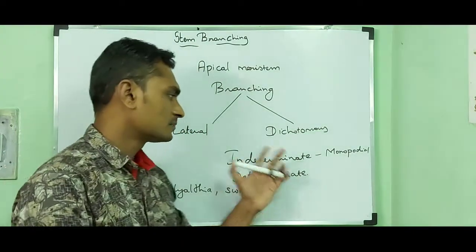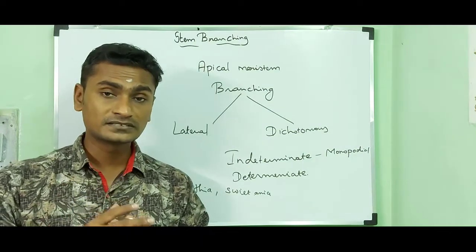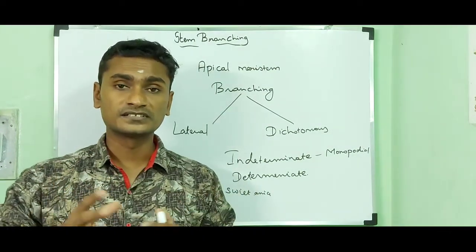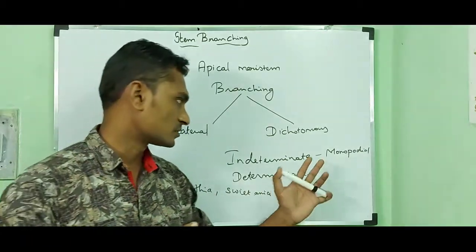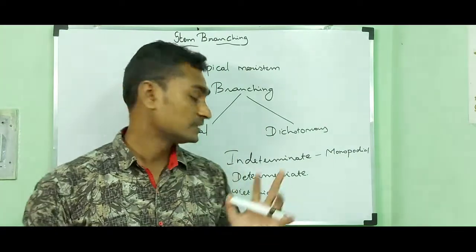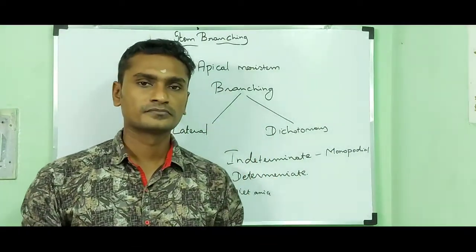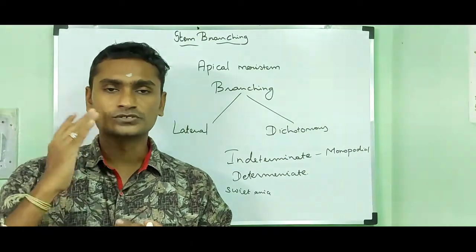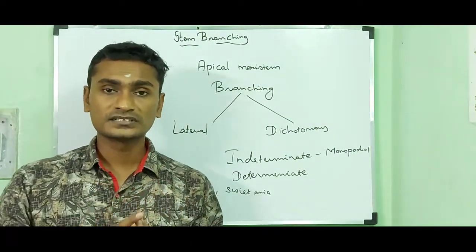So indeterminate growth means the terminal bud can grow continuously and they can give rise to several lateral branches, and that type of branching is called as monopodial branching. Example, Polyalthia and Swietenia.